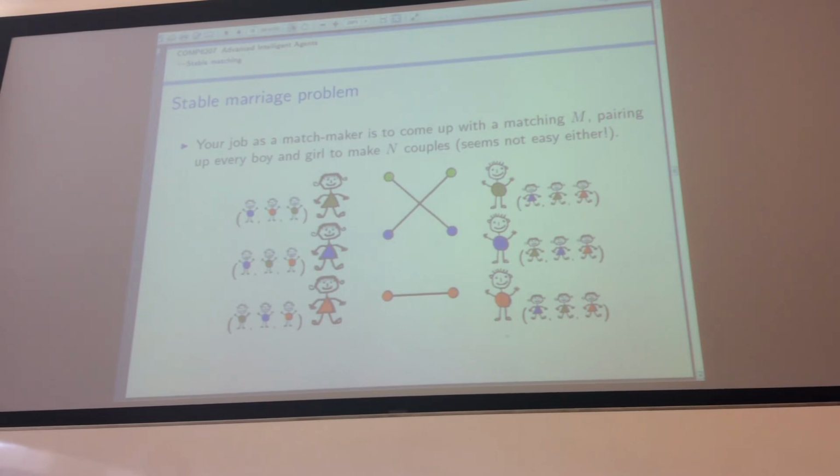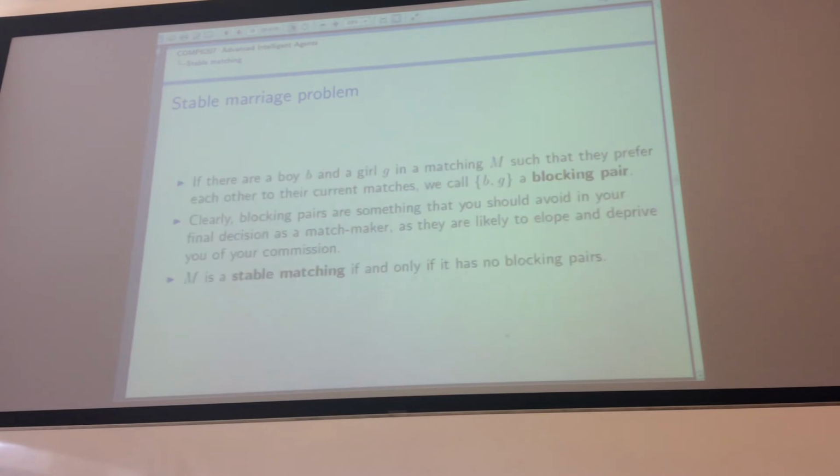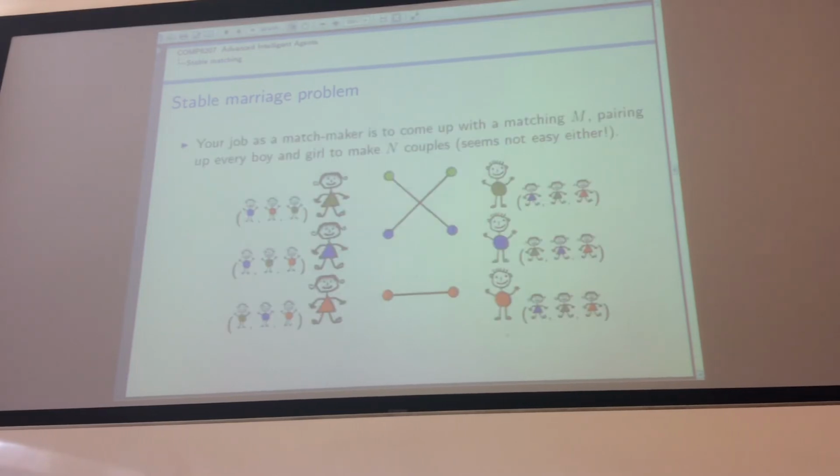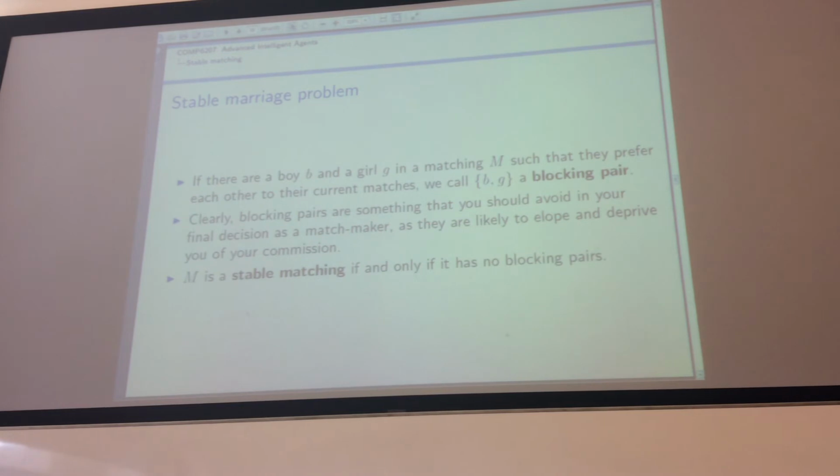Why is it not easy? Because you can come up with some matching, right? But since we have all girls and all boys ranking all mates on the other side, everyone is acceptable.